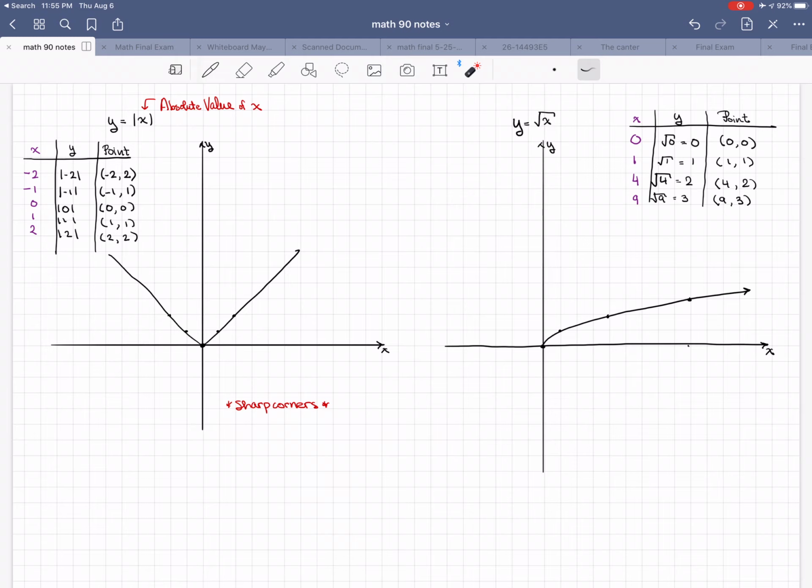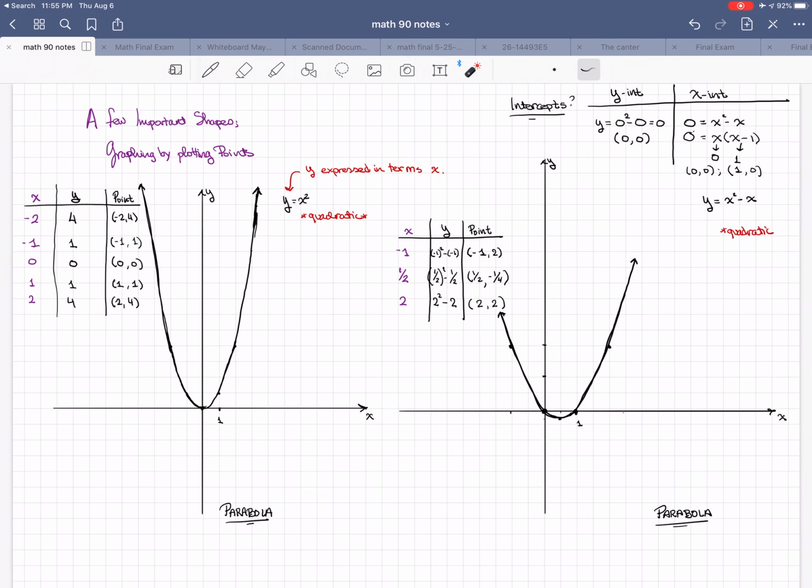Now, the last thing that I want to tell you before we move on is I want you to notice the interesting overlap between this shape and the shape of a quadratic, the parabola. Okay, so that is not an accident.